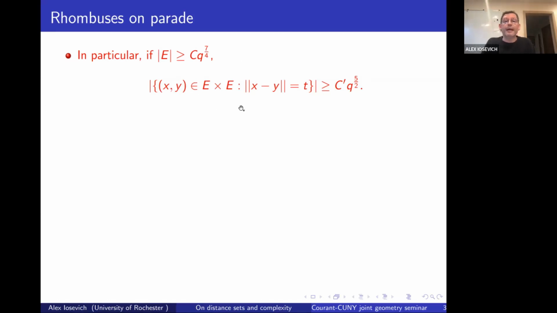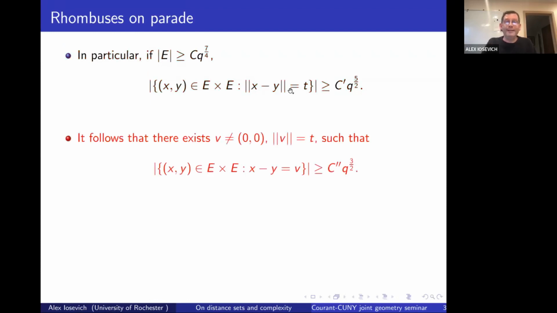If you look at the pairs separated by distance t, the number of such pairs is bounded from below by a constant times q^(5/2). I simply squared q^(7/4) and divided by q.